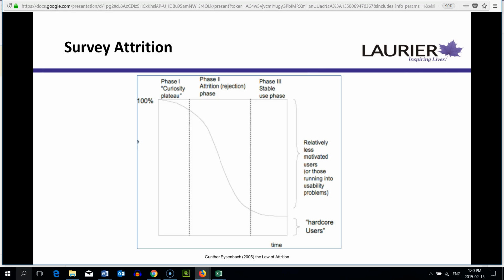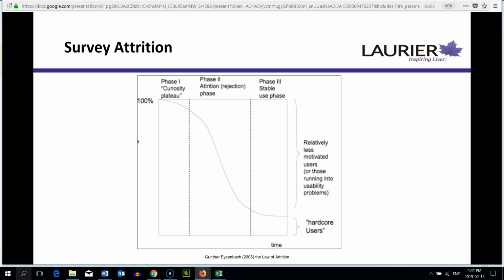This is the phase, they label it the attrition phase, where people decide, I'm out of here, I don't like this survey. And then you're left with their stable use phase here, the hardcore users that would likely complete any survey, but they're the ones that stick with you. So they've got a curiosity plateau, an attrition phase, and a stable use phase. You want to avoid that chunk in the middle.